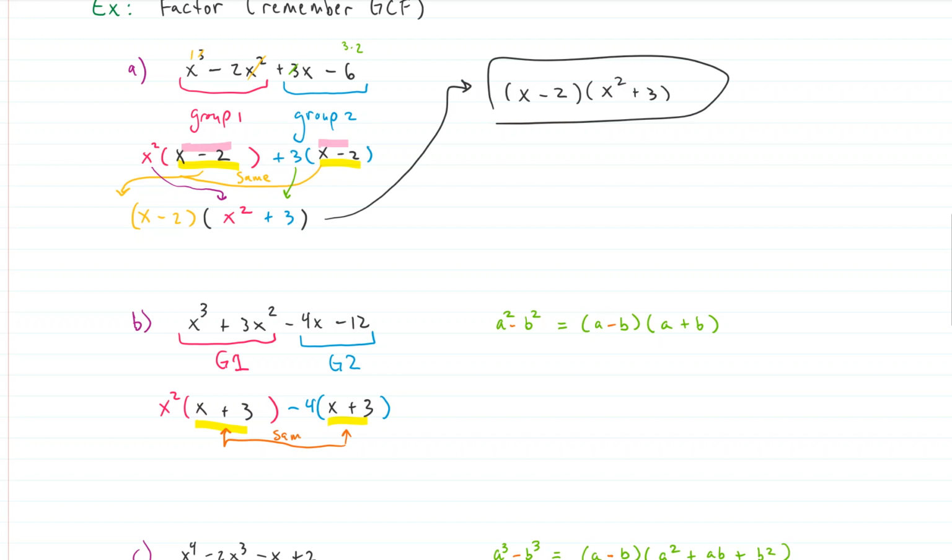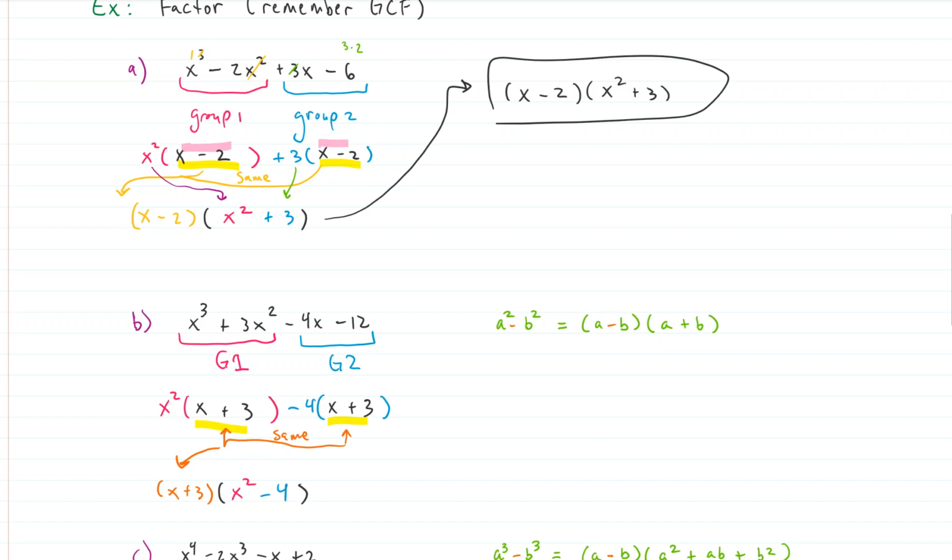These are the same, so we can pull them out in front. So we get quantity x plus 3 and quantity, we have an x squared and we have a minus 4.